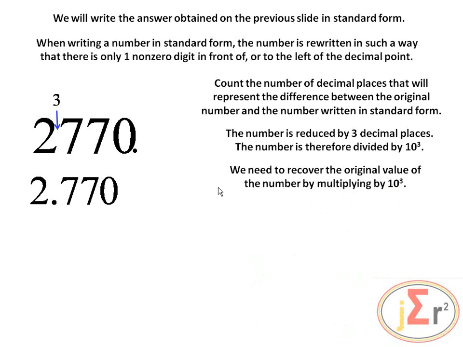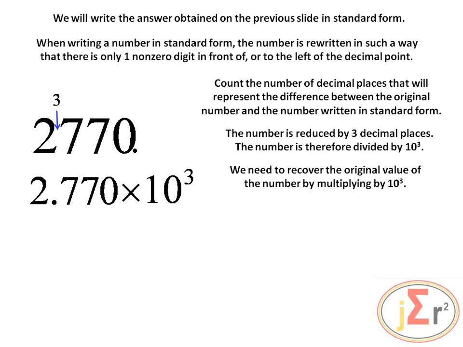So we have divided by 10 to the power of 3. Now we need to multiply by 10 to the power of 3 to recover. So we need to recover the original value of the number, and we do that by multiplying by 10 to the power of 3.